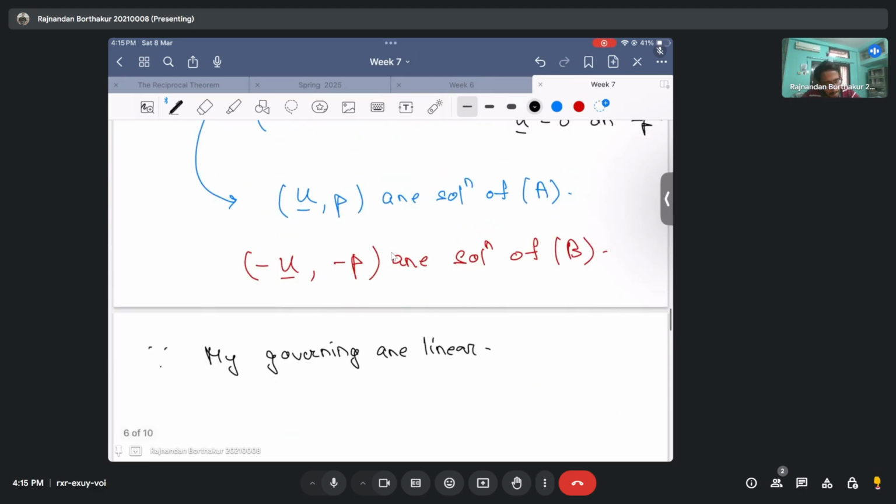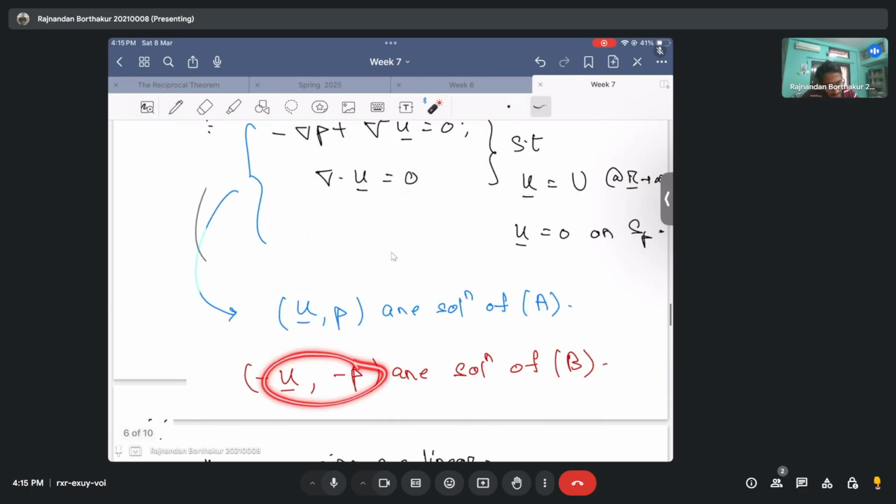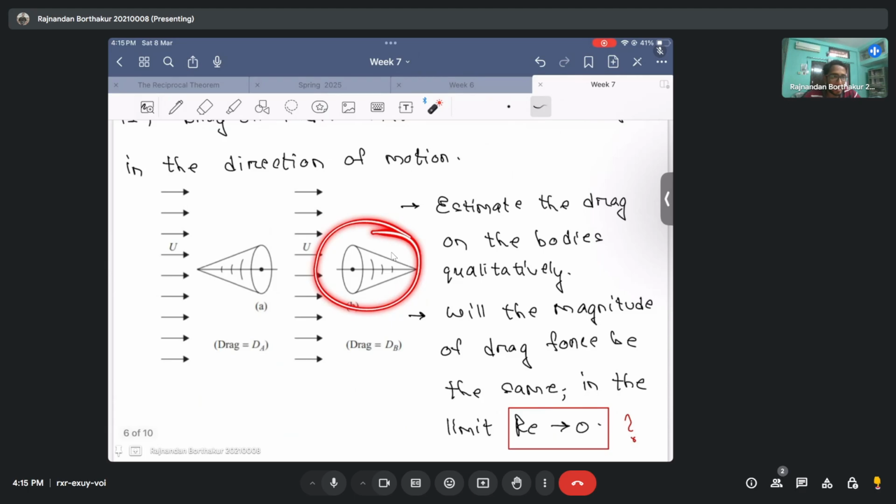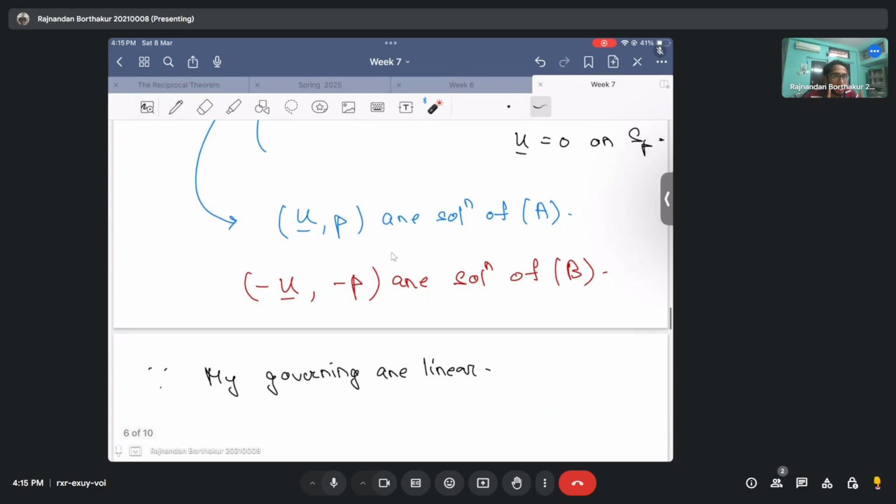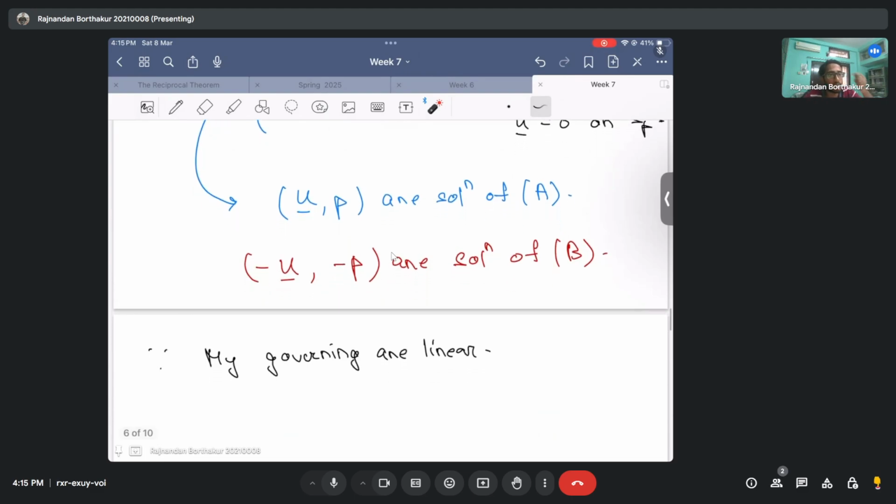Now, since minus u and minus p are the solutions of this field, that means the magnitude of the drag force will be the same, right? Because the solution has only differed by a sign, not its magnitude.